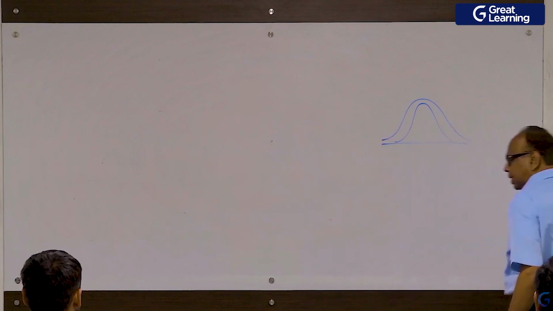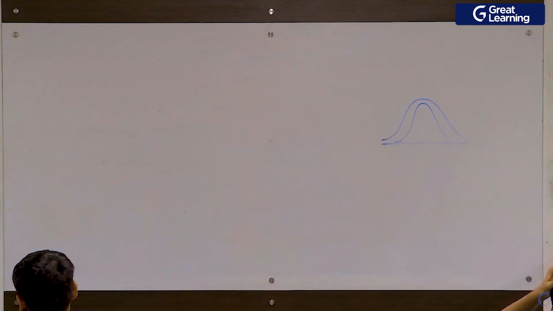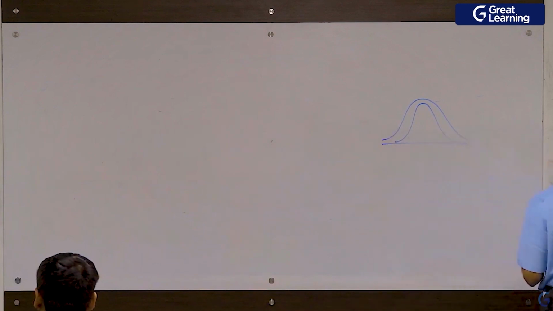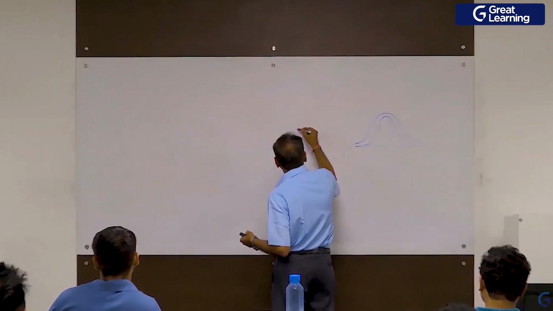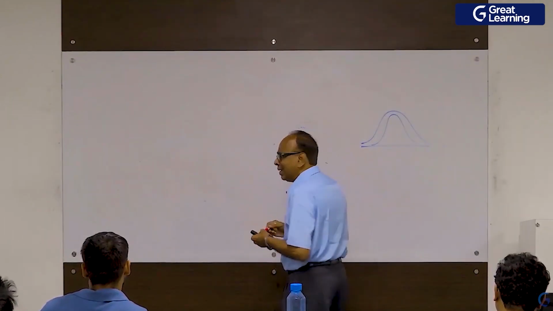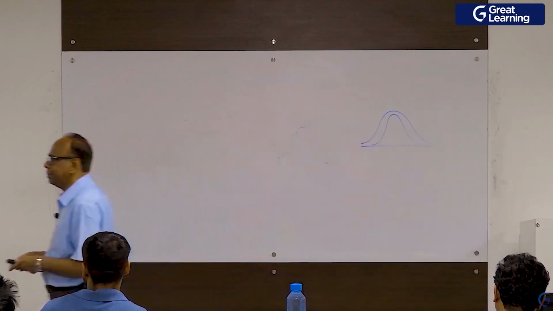Why? Because one side is the mirror image of the other. One side will keep on going like this, and then there is a plateau here, and then it goes like this. So that is the property. Hence, it is called a bell.